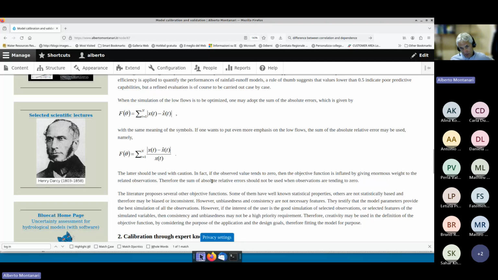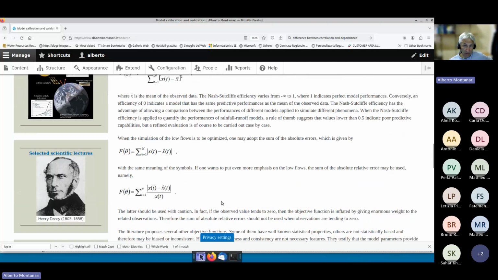I would stop here. Keep in mind that there are tons of objective functions that may be used. There are some objective functions that look specifically at the timing, for instance, of the peak flow.